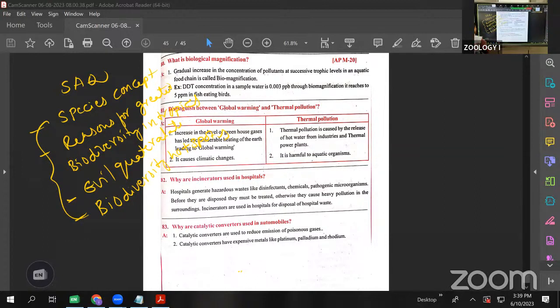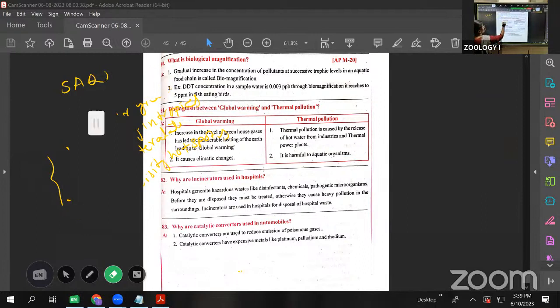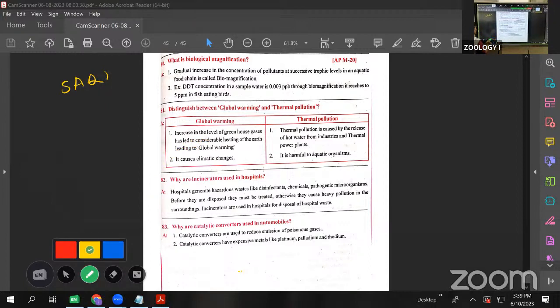And next, in the second lesson, structural organization, the most important ones I am giving here: the glandular epithelium, and next the types of cartilage.